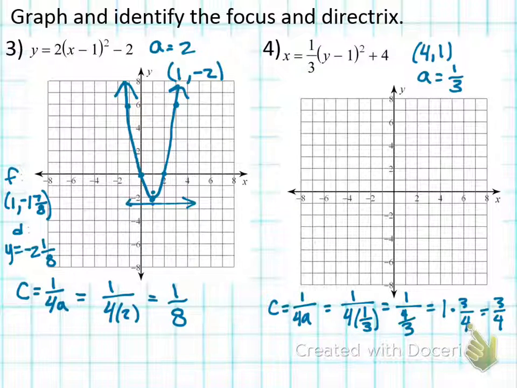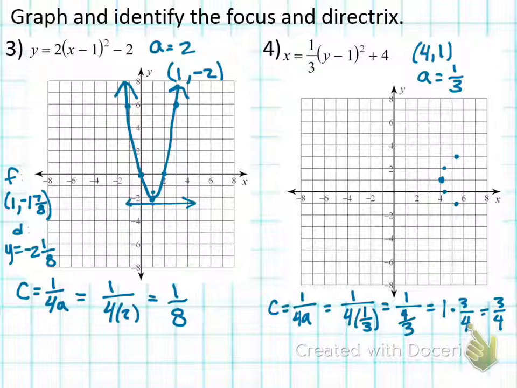So from the vertex at 4, 1, I would go into the parabola 3/4 and then outside. So let's try to graph this. My vertex is 4, 1. That's this point here. Okay, which way is this parabola facing? Right. So if I go up or down 1 unit, I go to the right 1/3.